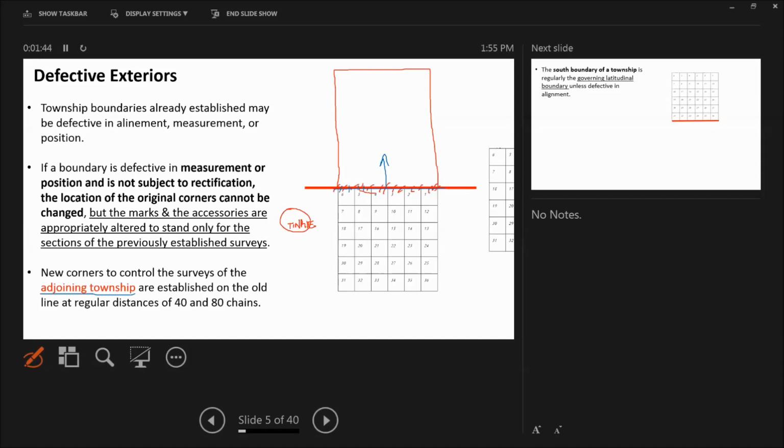And on this one here, make sure you don't write over. You don't etch them with Township 2. Just leave the Township 1. That's what the manual is saying. Don't write Township 2 on them.